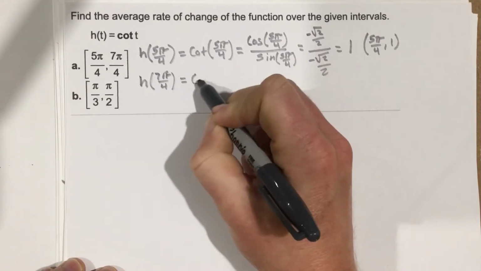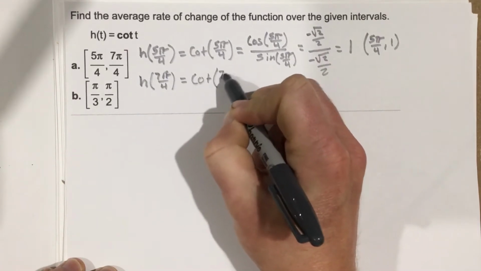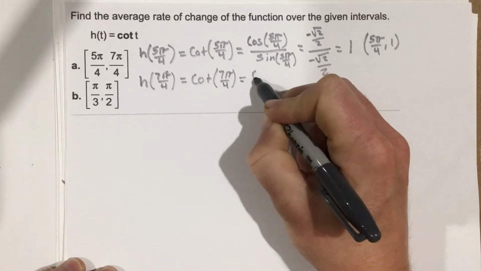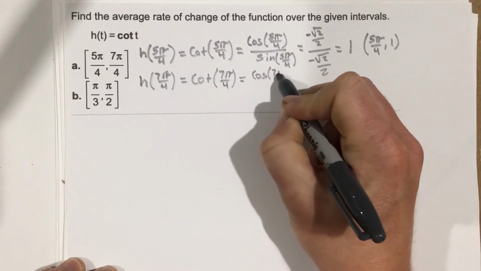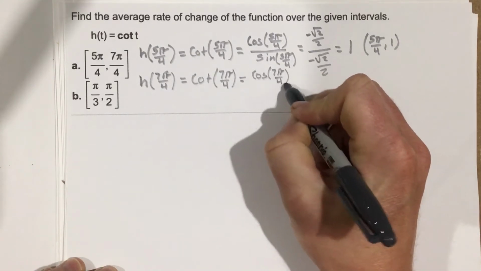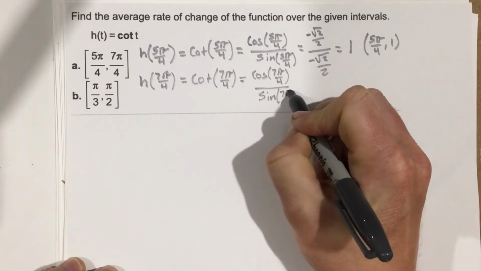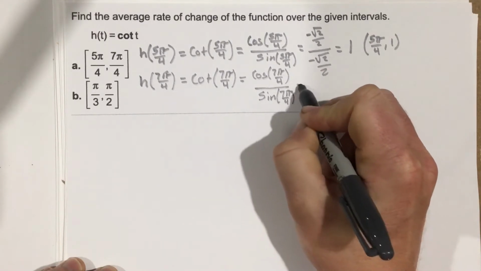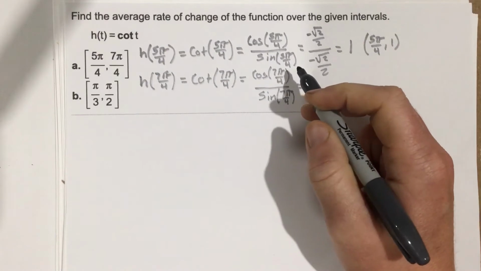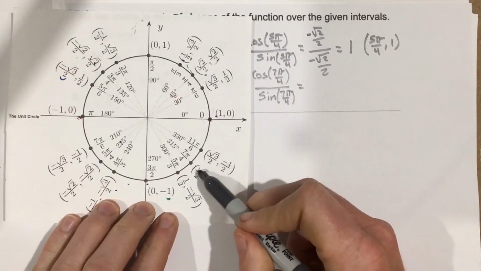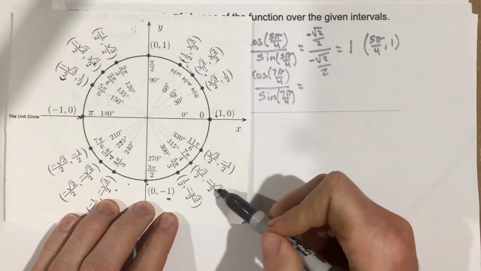Let's do the same thing now for 7 pi over 4. So I end up with cotangent 7 pi over 4, which is equal to cosine 7 pi over 4 over sine of 7 pi over 4. Let's look at 7 pi over 4. That's root 2 over 2 comma negative root 2 over 2.